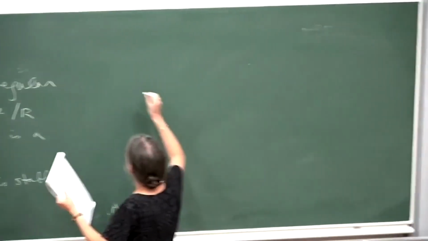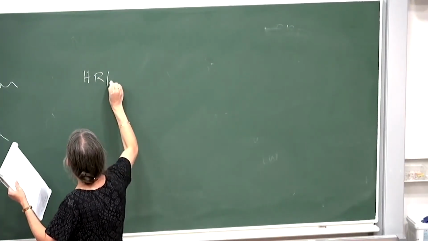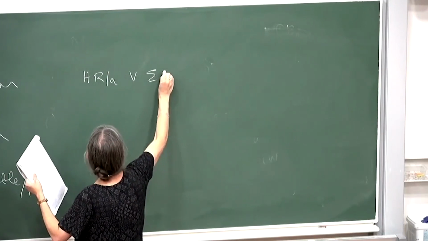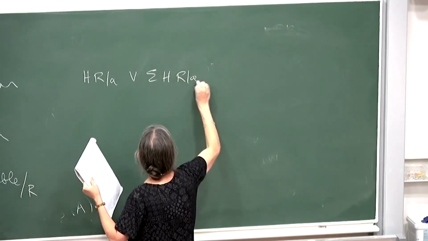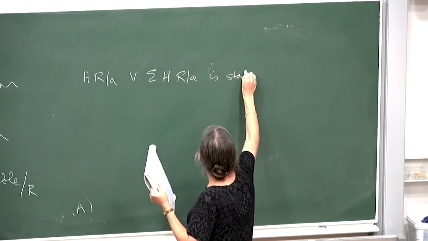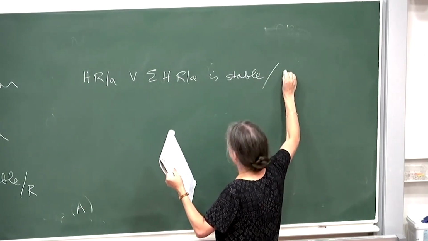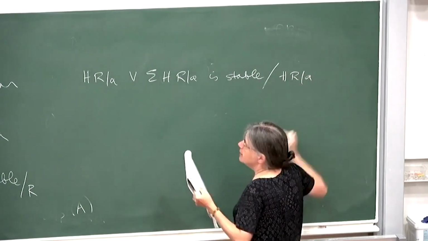If you look at the square zero extension HR over A, joint suspension of HR over A is stable over HR over A. So that's a list.